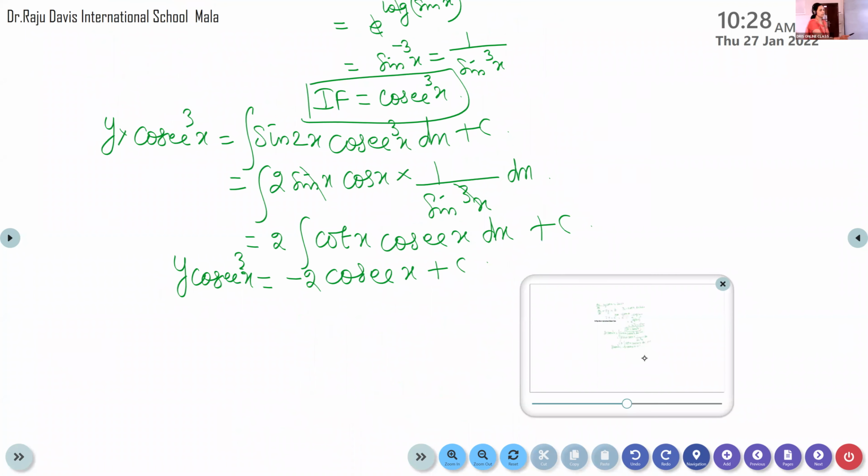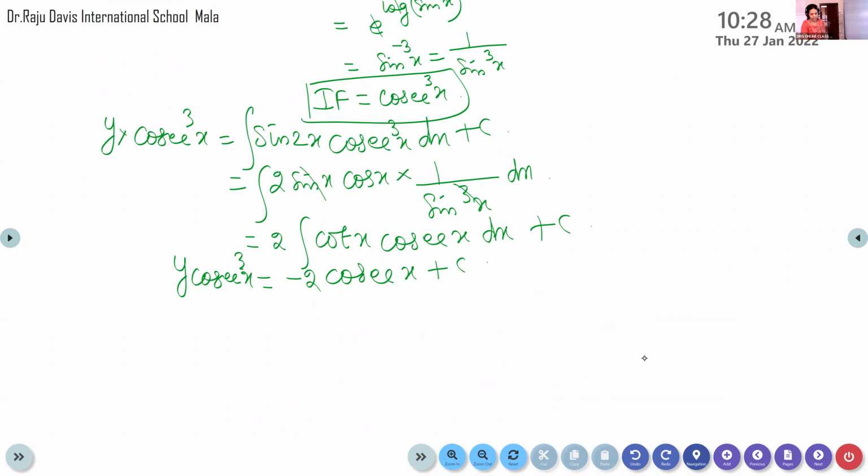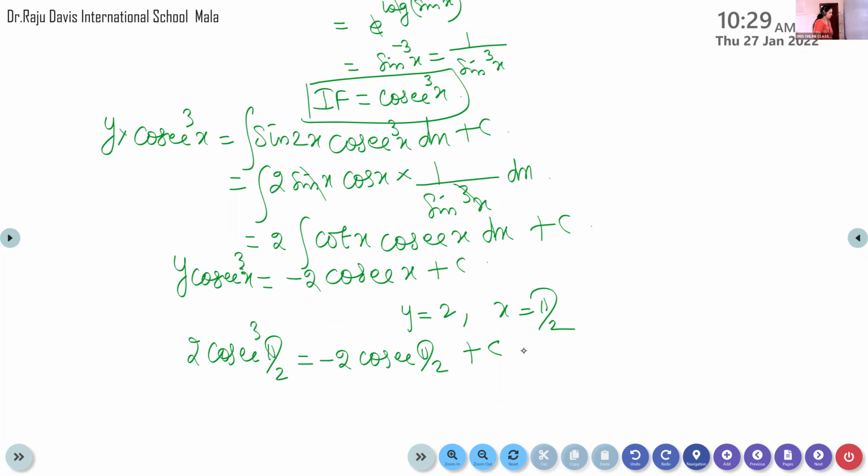Now substitute the initial condition given there. When y is equal to 2, x is equal to pi by 2. Substituting, 2 into cosec cube pi by 2 is equal to minus 2 cosec pi by 2 plus c. Sin 90 is 1, so cosec 90 will also be 1. So 2 is equal to minus 2 plus c.